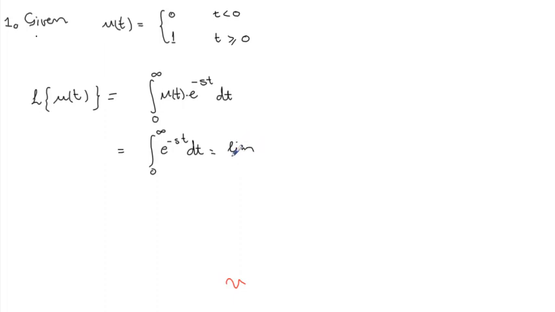That will be the limit as t approaches infinity of the integral from 0 to t of e to the power minus st dt. Integrating that, we know this integral is going to be minus e to the power minus st over s.